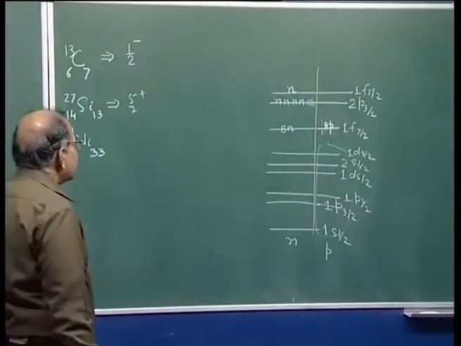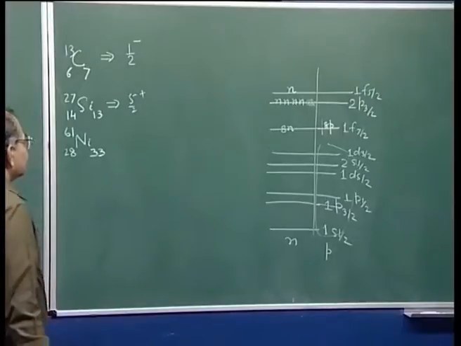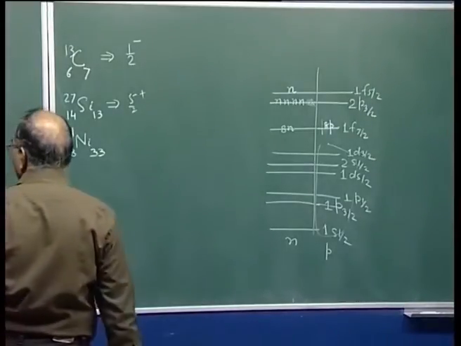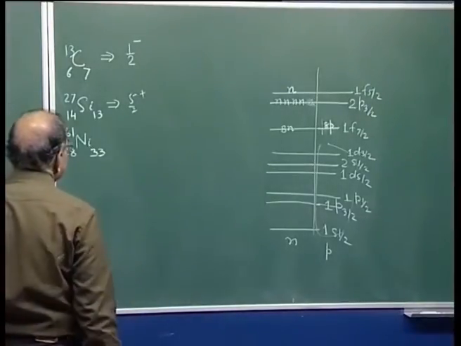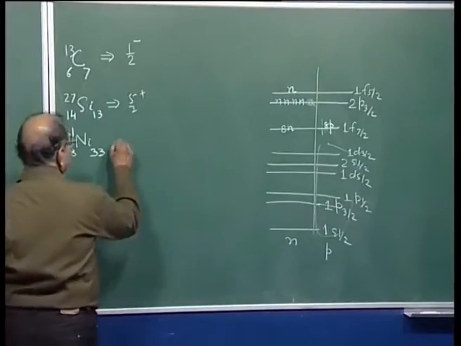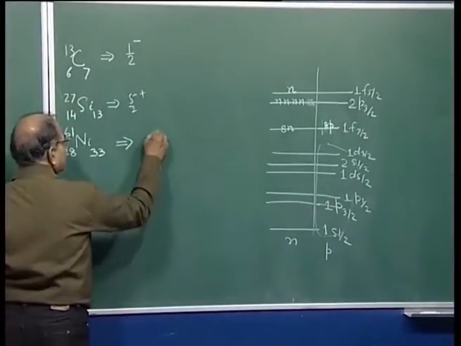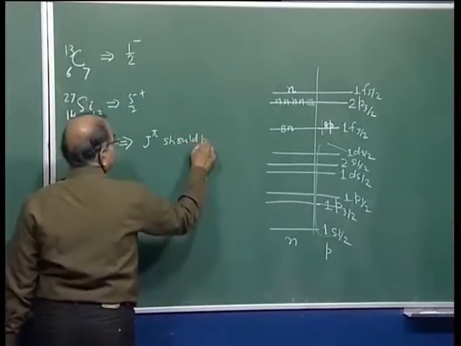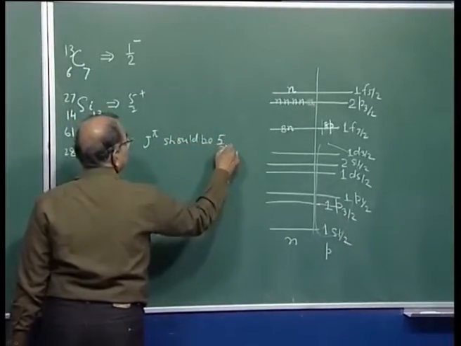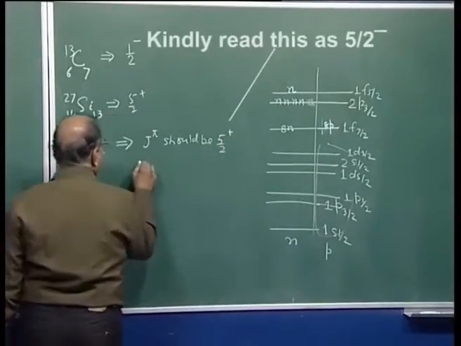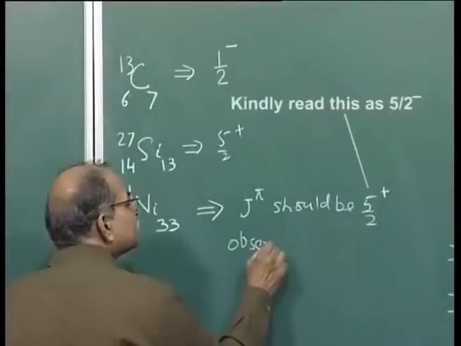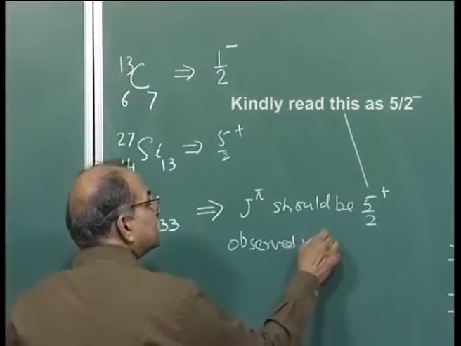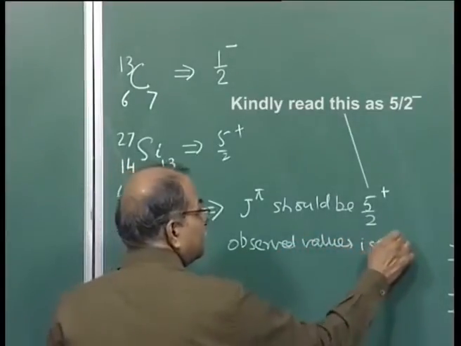So the ground state, according to this calculation, J pi should be 5 by 2 minus. Now, the observed value is 3 by 2 minus.